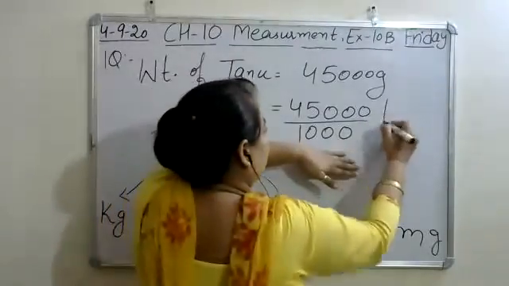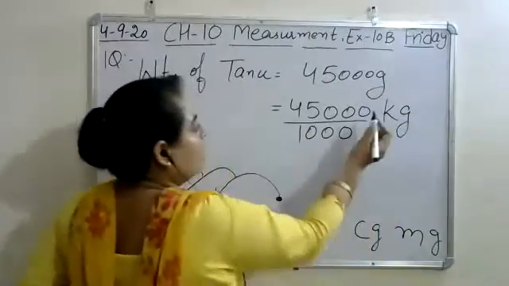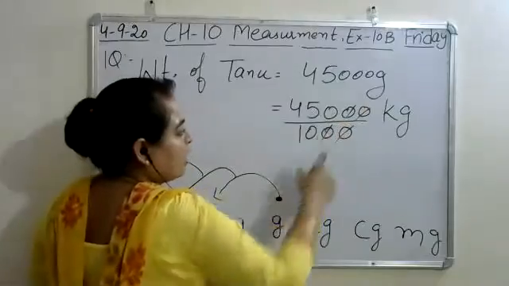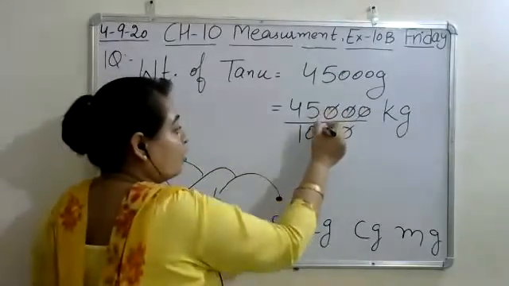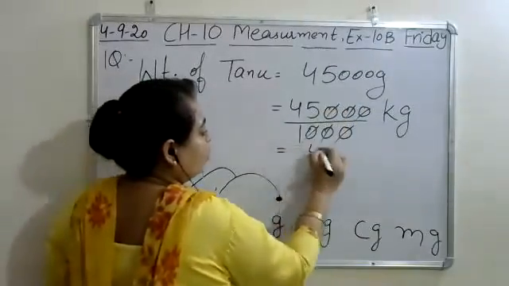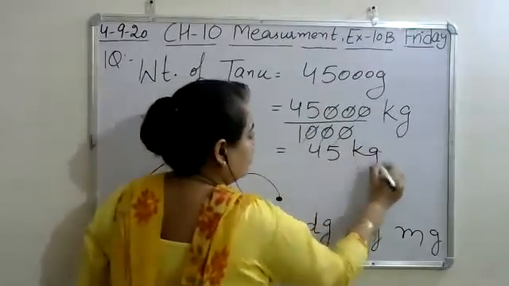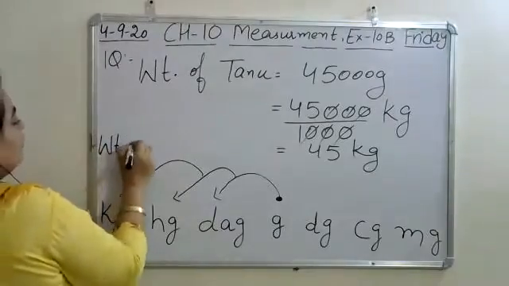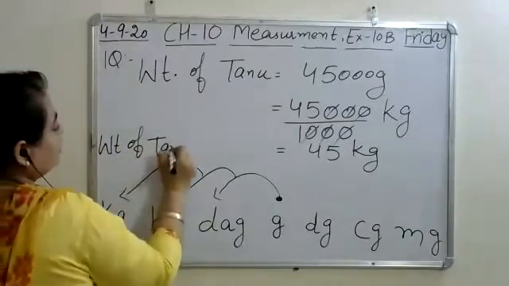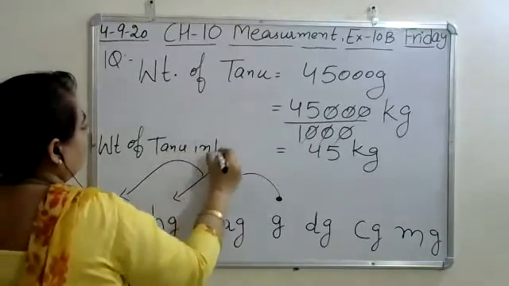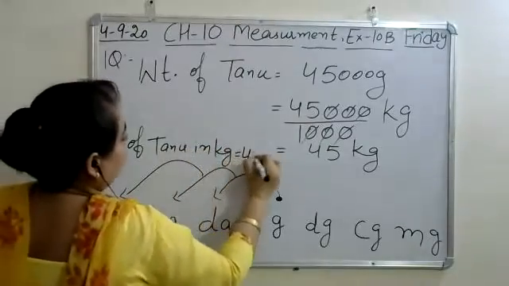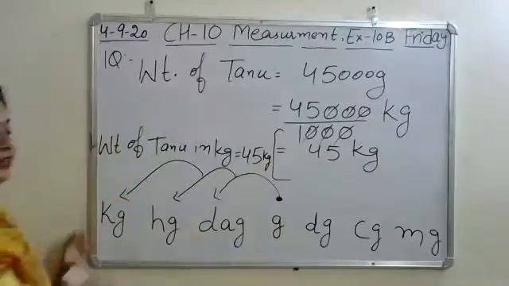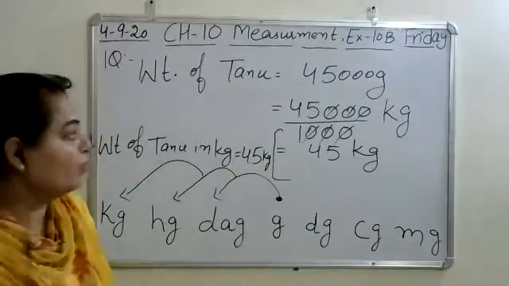So write kilogram here. Now 0 cut, one more 0 cut, and one more 0 cut is equal to 45 kilogram. So you will write here weight of Tanu in kilogram is equal to 45 kilogram. Write down, all of you.